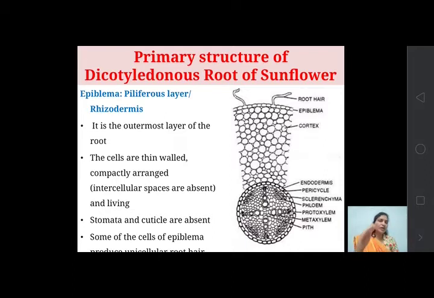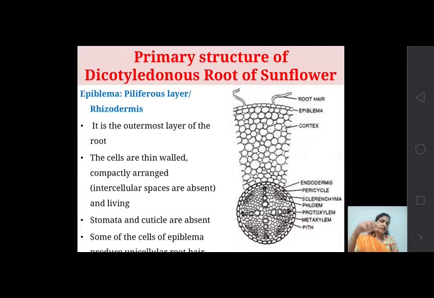Just inner to the epiblema there is a multi-layered thin walled parenchymatous structure known as the cortex. These cells are thin walled and show intercellular spaces, and only one type of tissue makes up the cortex, so the cortex is homogeneous.